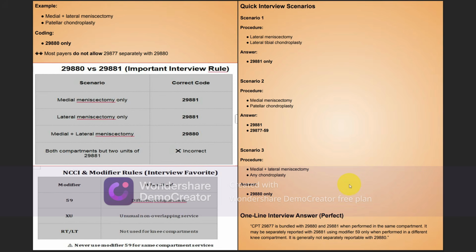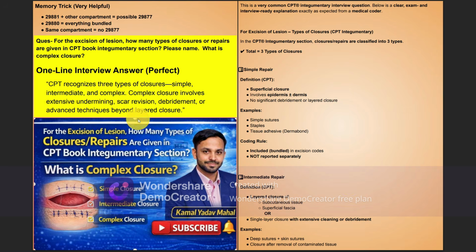So please take care of this. Memory trick: 29811 plus another compartment makes 29877 possible; with 29880 everything is bundled. Same compartment, no CPT 29877. This trick helps to remember things.